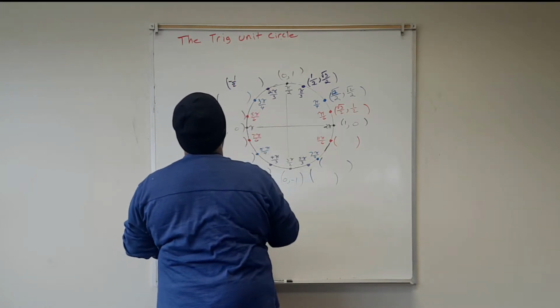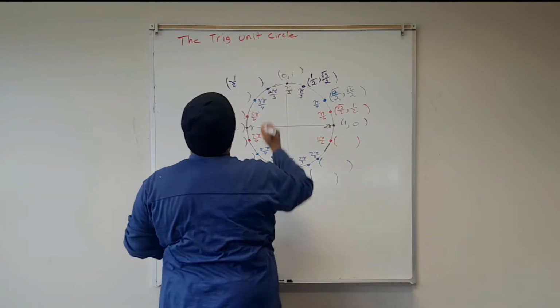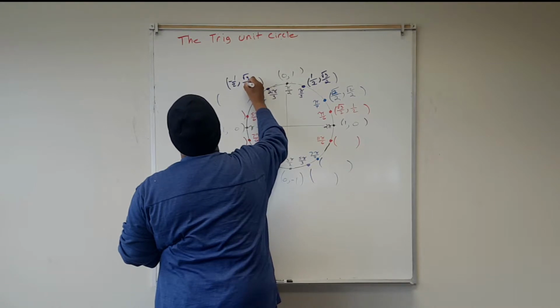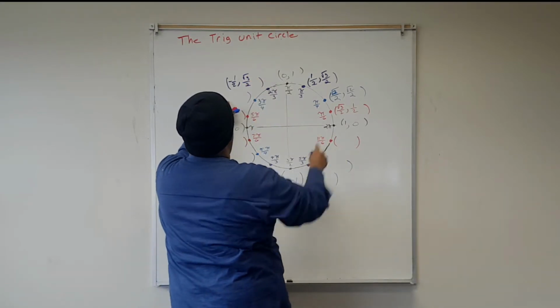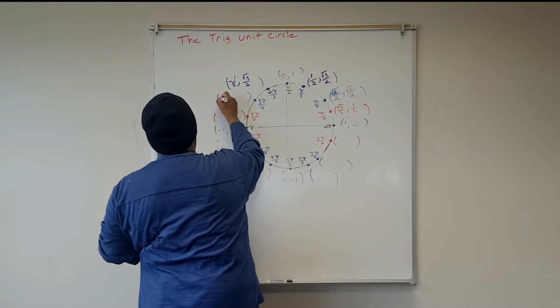-1 over 2, and the value going up is the same, comma root 3 over 2. This one corresponds to this one, but again, it's going to be negative first.